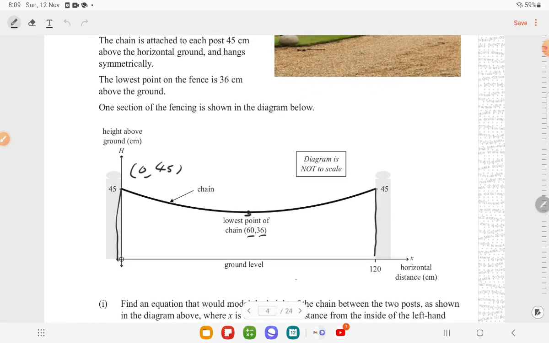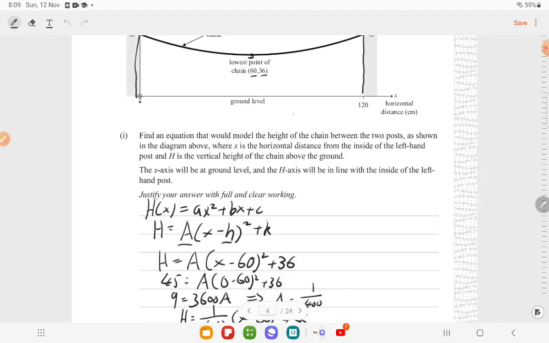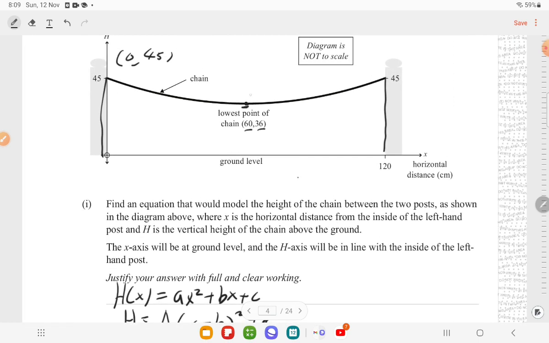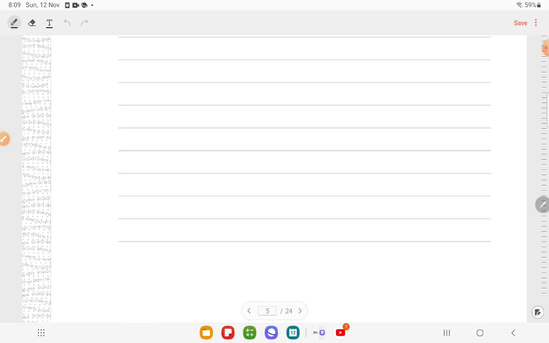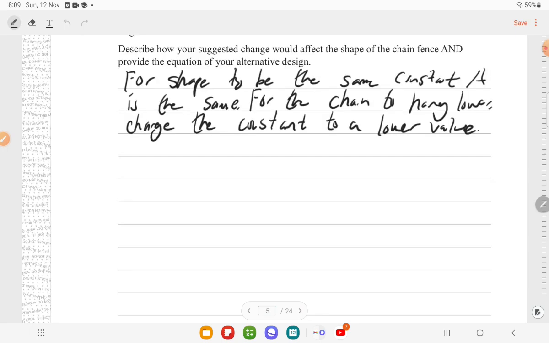So if we change this plus k here to plus 18, then every point will be translated below by 18.